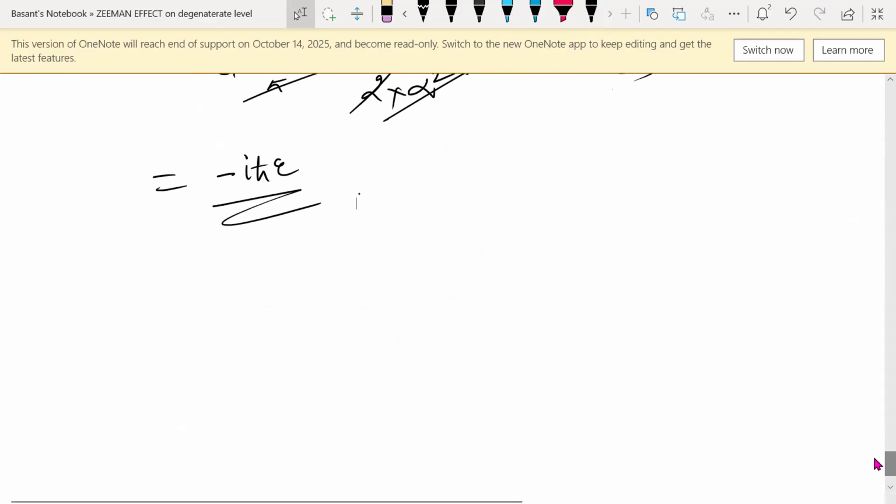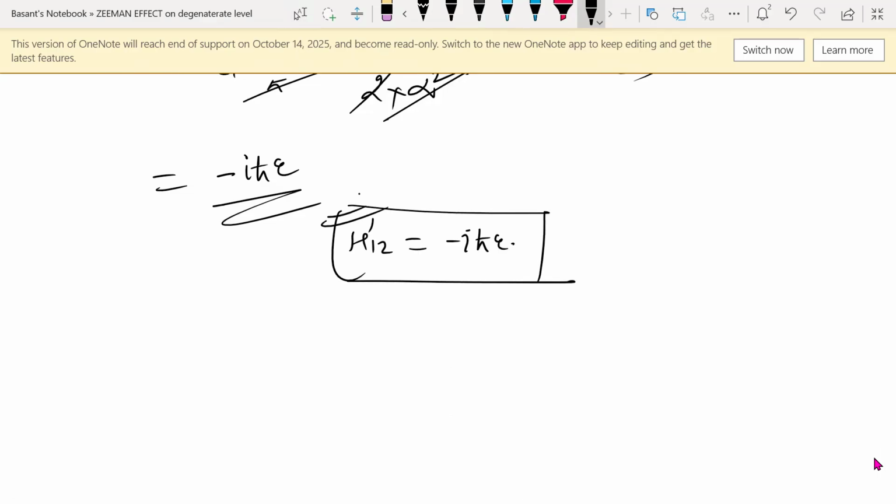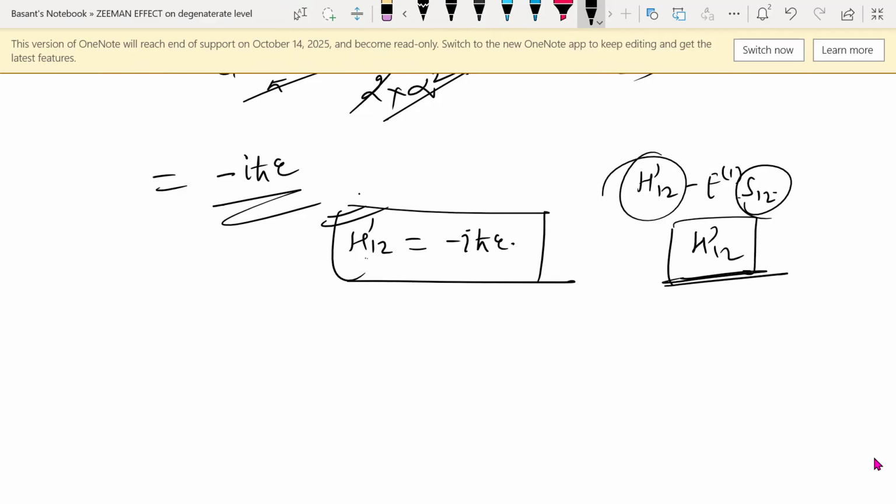So H dash 12 is minus i h bar epsilon. This is the second element of the first row. This is the second element, H12 minus E1 S12, and S12 is 0, so only H dash 12 is our second element.